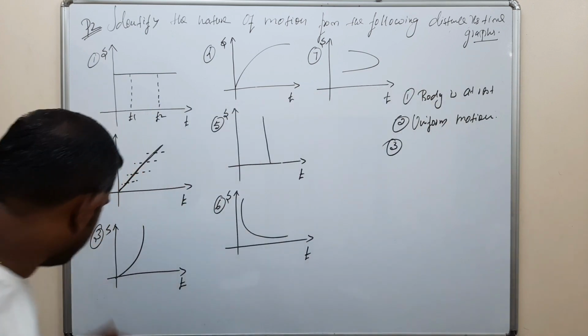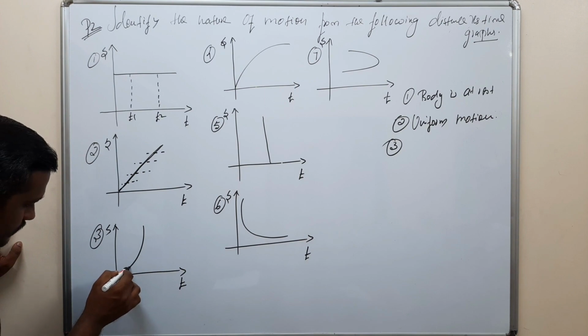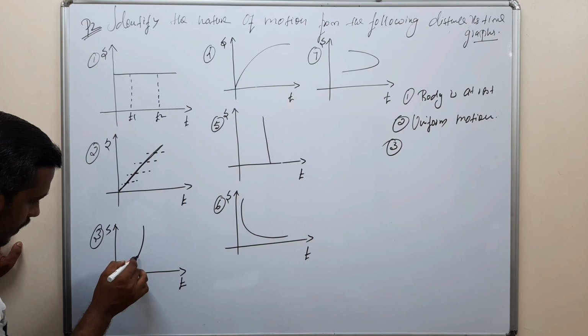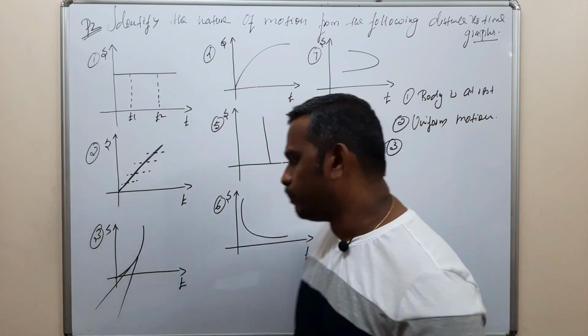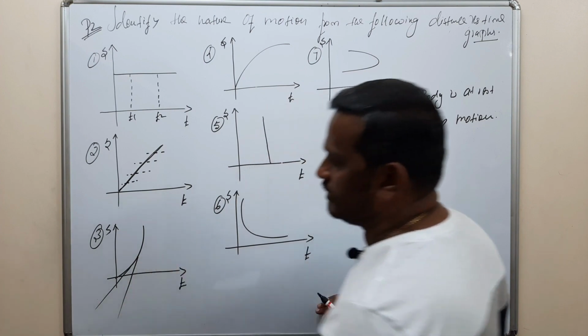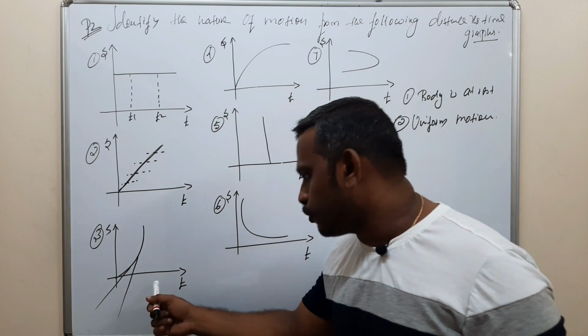In this graph, if you draw the tangent, the slope increases. As the time goes on, the slope increases.